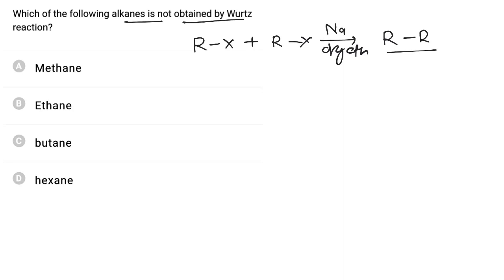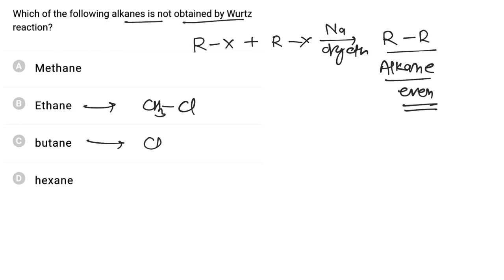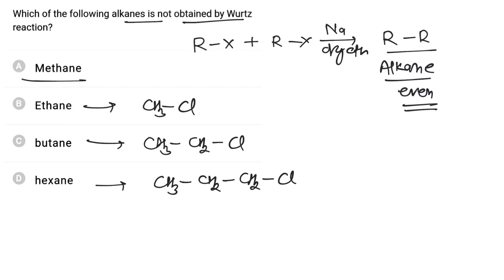So alkanes having even number of carbon can be easily prepared by this method. So ethane can be prepared when methyl chloride is treated with sodium and dry ether. Butane is formed when ethyl chloride is taken, and hexane is formed when propyl chloride is taken in presence of sodium and dry ether. But methane cannot be prepared by this method, and hence correct answer is A.